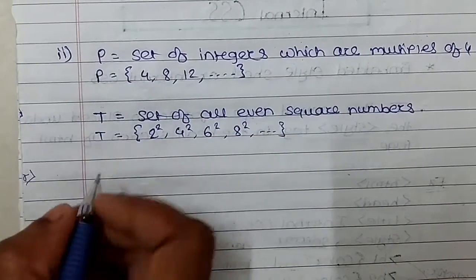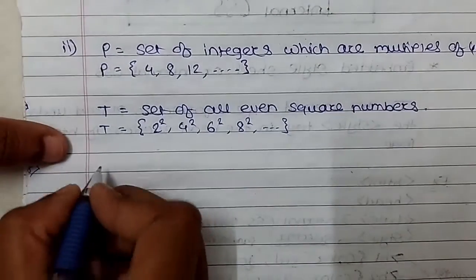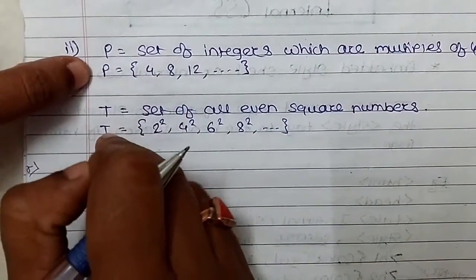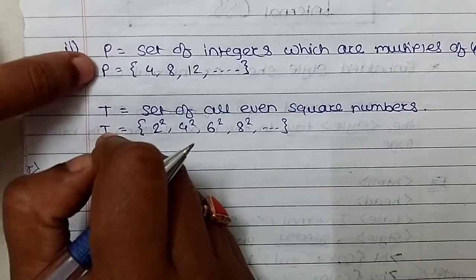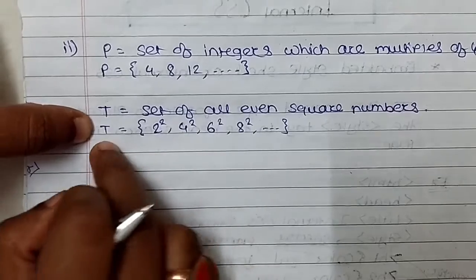So the P set and T set are also subsets of what? Natural numbers, whole numbers, integers and rational numbers.